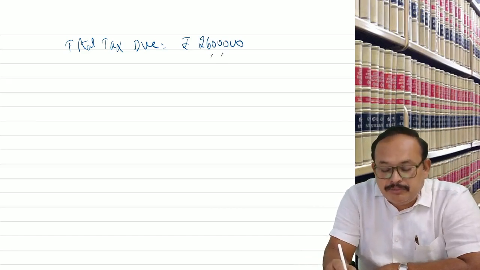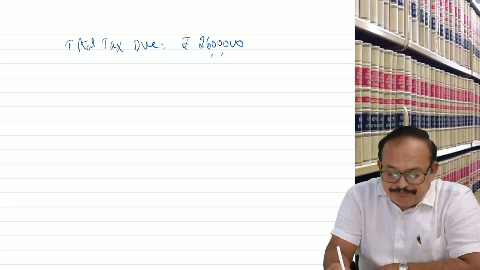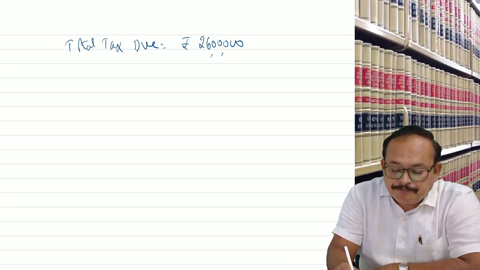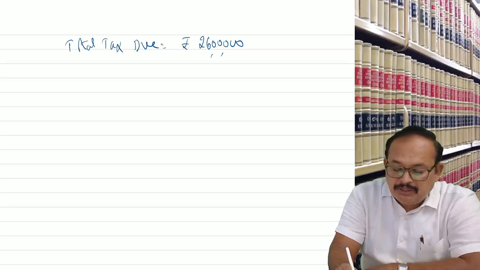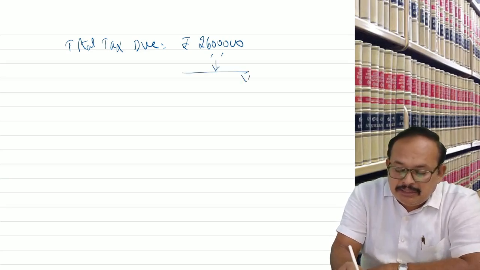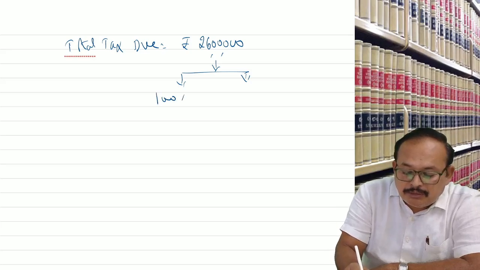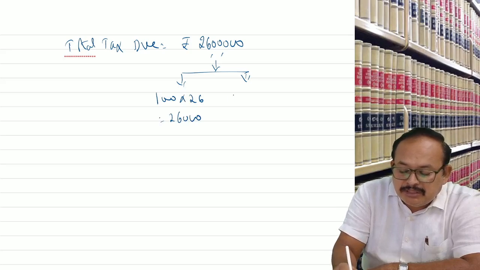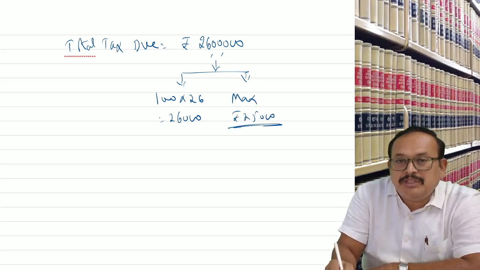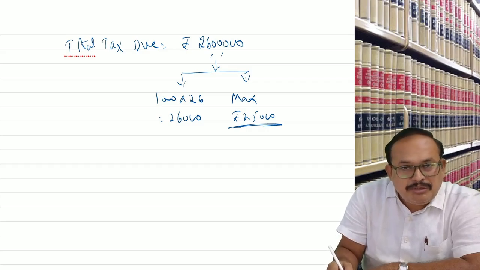For every 1 lakh, how much? 1,000. 1,000 into 26 is 26,000. Maximum how much? 25,000. You get my point, sir?